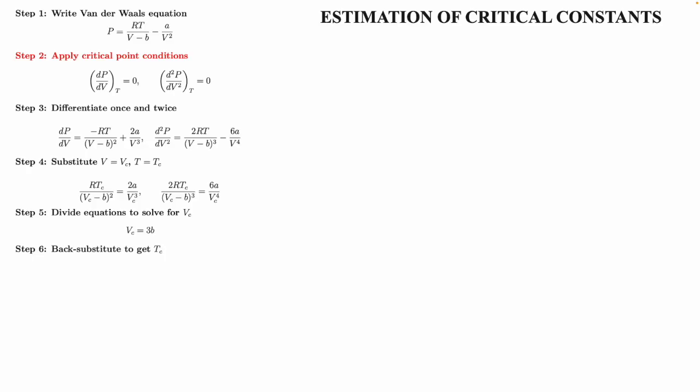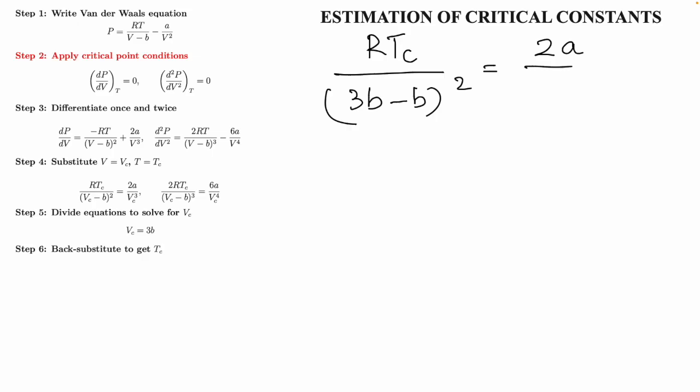Let's see. So now that we have got the value of Vc, we can back substitute to get the value of Tc. So pick an expression which is easier for you. Let's pick up the first expression. RTc by (Vc minus B) the whole square is equal to 2a by Vc cube, with Vc equal to 3B.